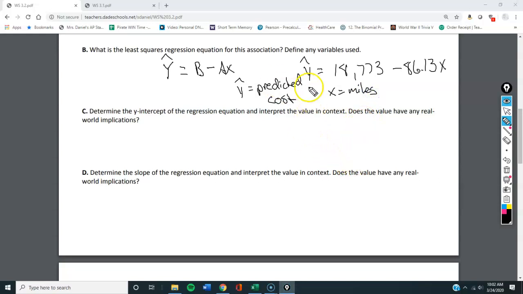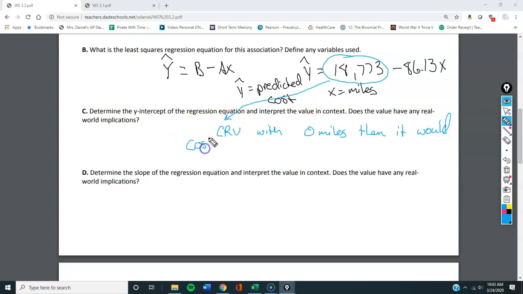Now what is my y-intercept? Well, your y-intercept is this piece right here, right? What does that mean? That means if we had a CR-V with 0 miles, it would cost $18,773.